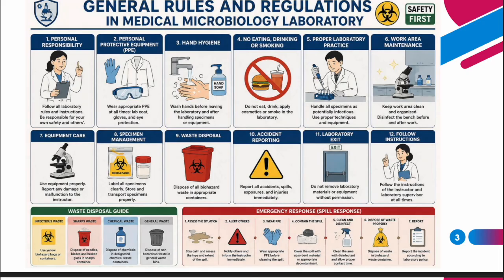In case an emergency happens, first things first, you need to stay calm and assess the situation. After that, you have to alert or notify other people immediately that the accident has happened.